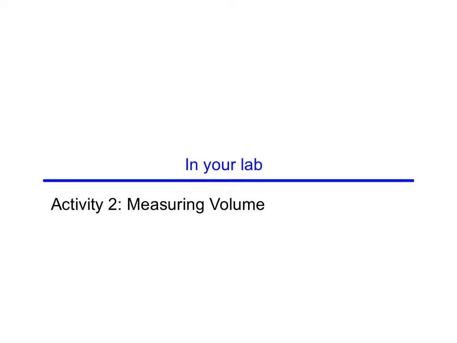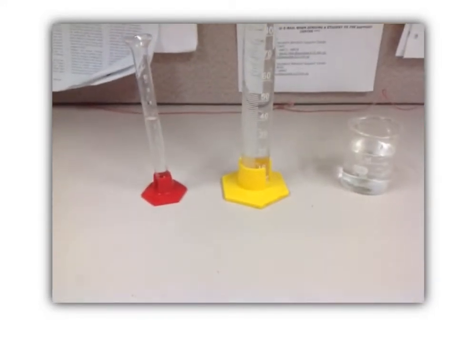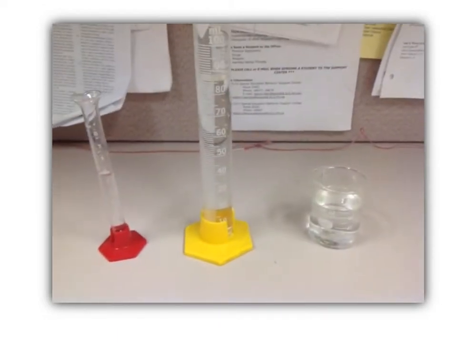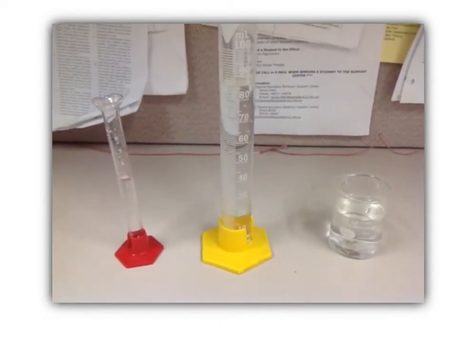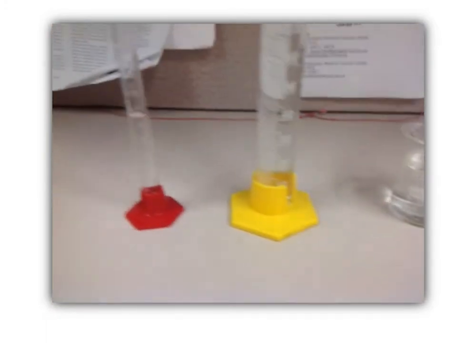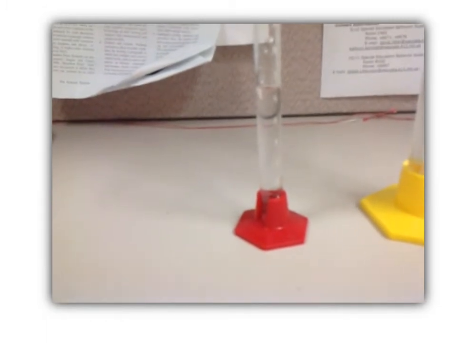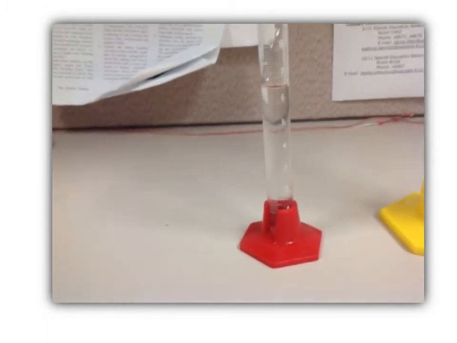We are now going to begin activity 2 of our measurements lab. Here I'm going to show you an amount of water in 3 different measuring devices. On the left we have a 10 milliliter graduated cylinder. In the middle we have a 100 milliliter graduated cylinder, and on the right we have a 100 milliliter beaker. Now what you will be doing is looking at the smallest increment. I want you to please estimate each of these measurements to the correct number of significant figures.